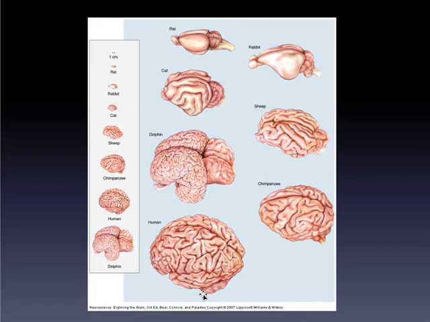So to keep it simple, your book relies on drawings of the rat brain to show that. Now, along the way, I'm going to be throwing in pictures of human brains to show you the correlation between those two. So the idea is presented in simplified form using the rat brain, and then I'll show you the elaborations in the human brain.